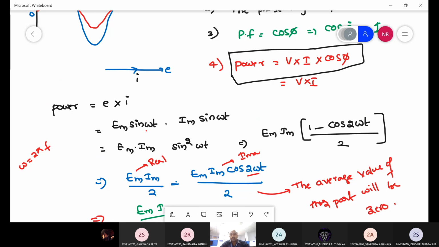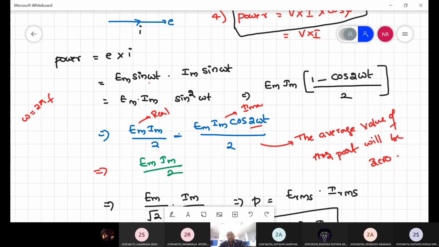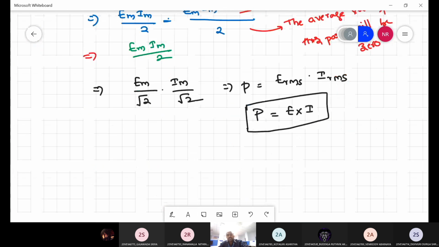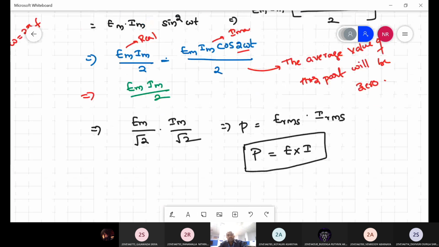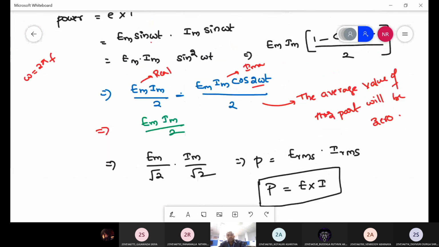Then sin square omega t we can write as 1 minus cos 2 omega t by 2. Then separating the real part and the oscillating part, we get Em Im by root 2 and Em Im cos 2 omega t by 2. So here the average value of the second term is 0. This is the derivation for AC through pure resistor.